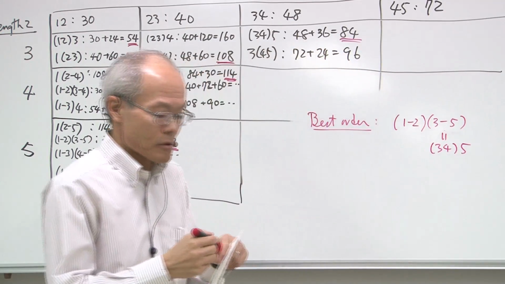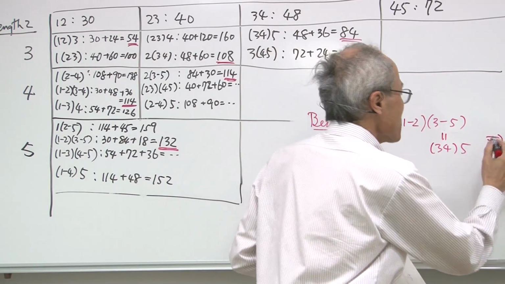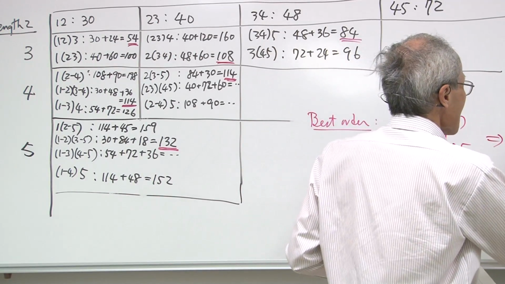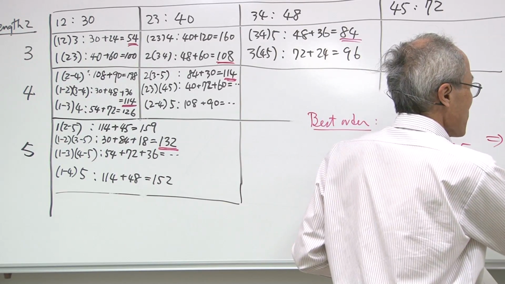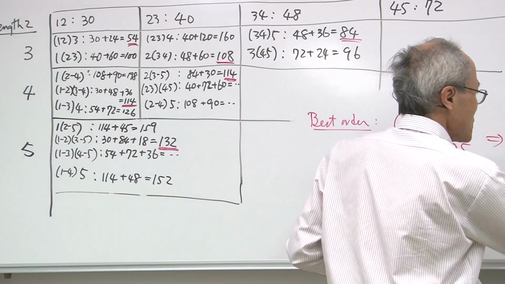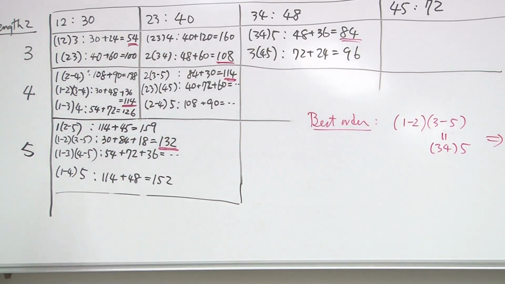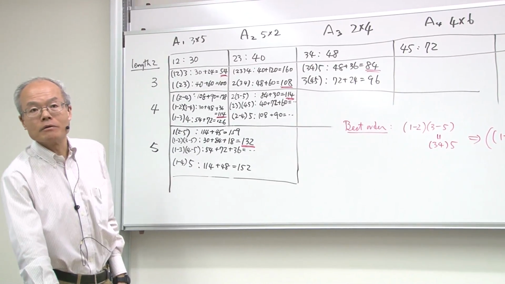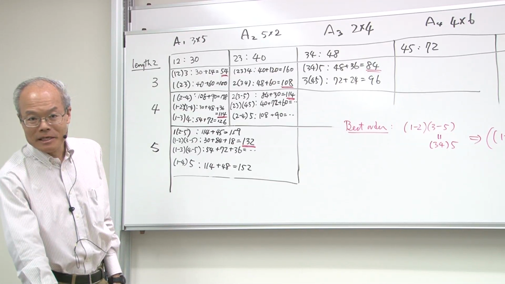Yeah, this is the best order. That means the best order is 1, 2, 3, 4, 5. So this is the best order of multiplication of those 5 matrices. Okay. Here we are done.